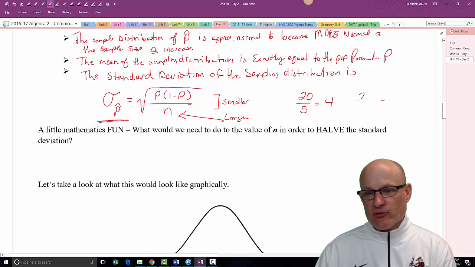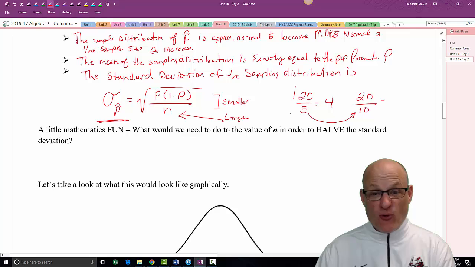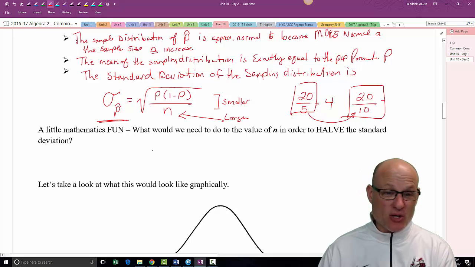So what would I have to do? 20 divided by 10, right? I would have to double this in order for this fraction to be halved. Now let's talk about it with square roots.